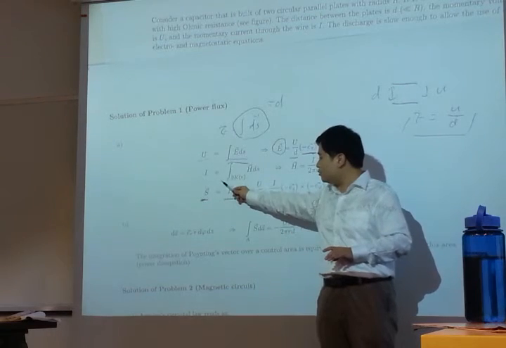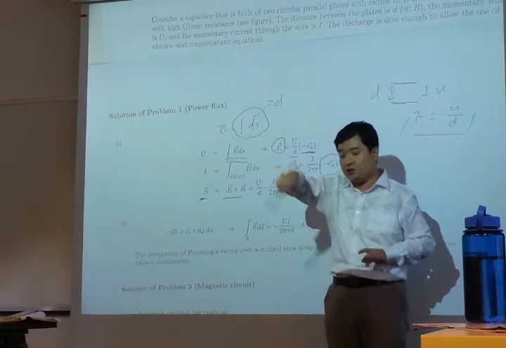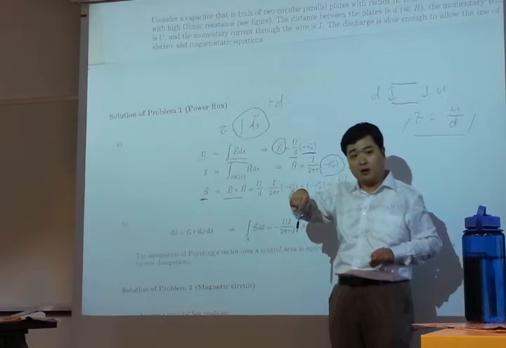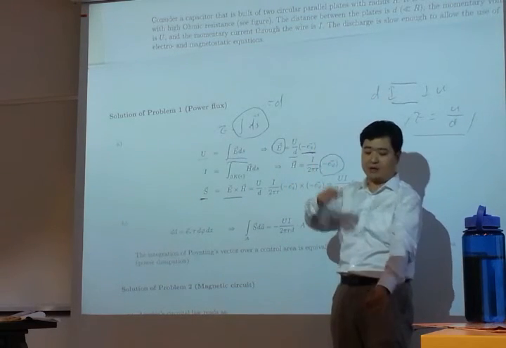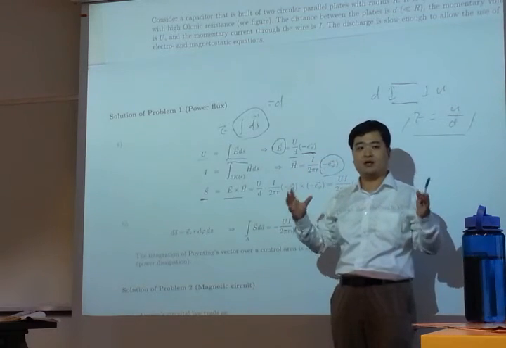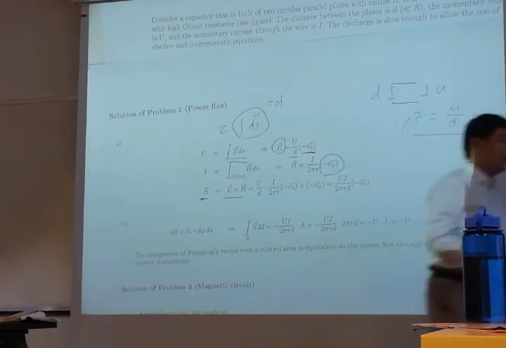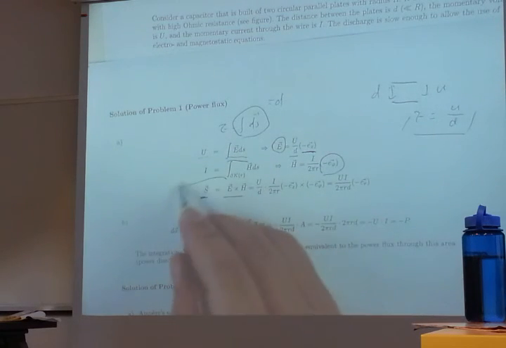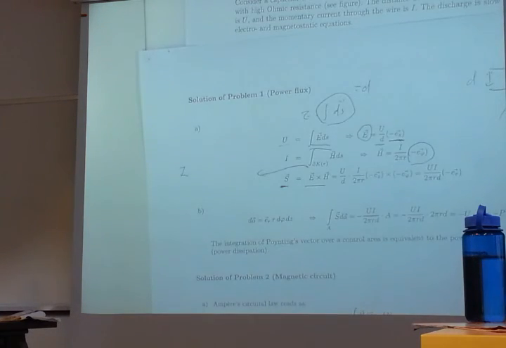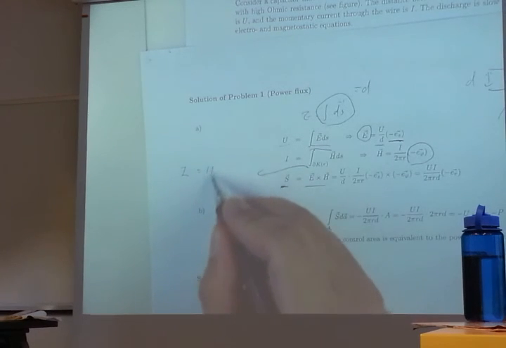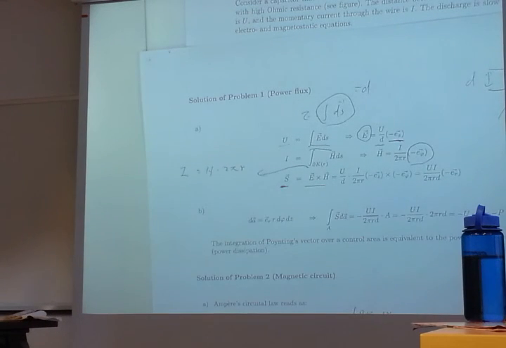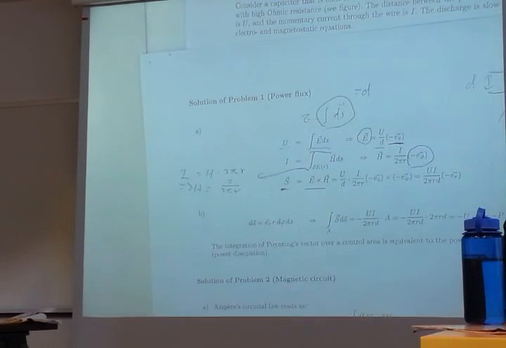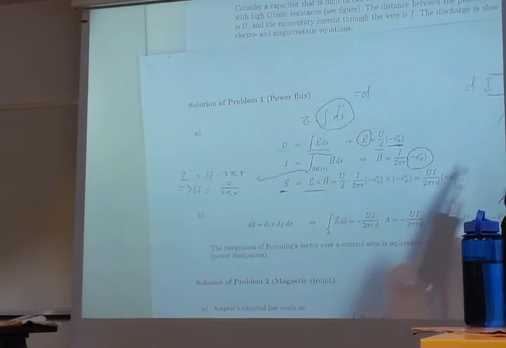If you move H out, you are integrating ds on this circle, so you have the total distance, that is the circumference. Remember, you integrate on one line, you have the distance. Integrate on the circle, you have the circumference. That is 2 pi r. So I can say my I will equal H times 2 pi r. Thus H is I over 2 pi r. That is the magnitude.